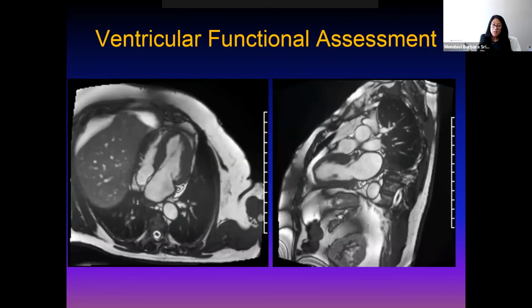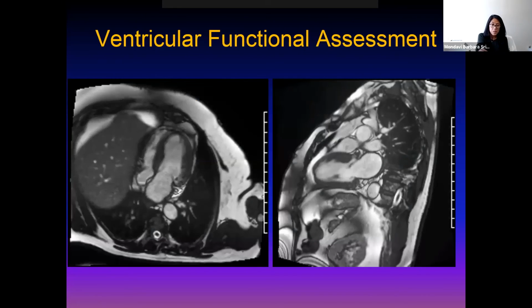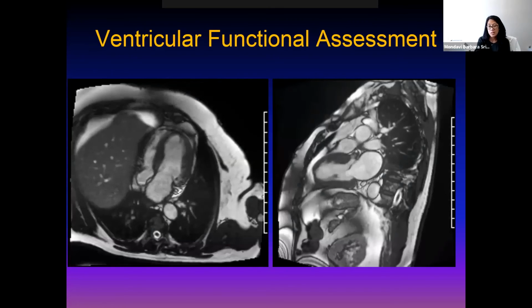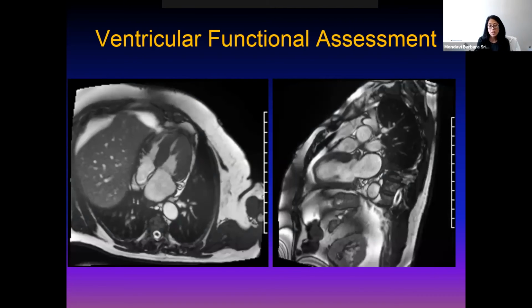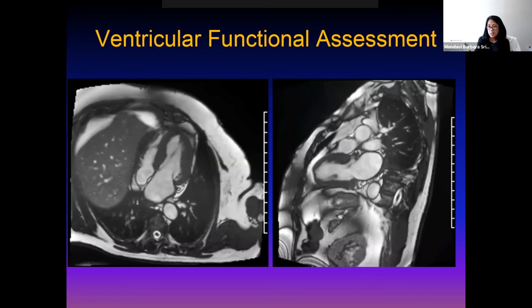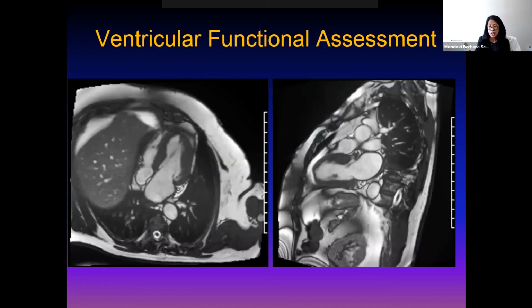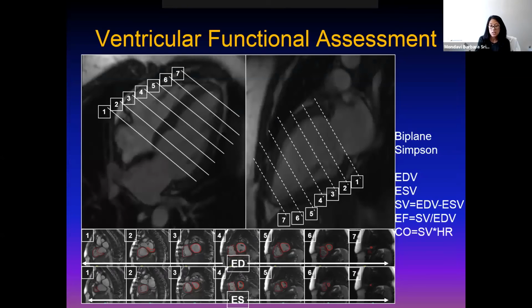Most commonly in our ventricular functional assessments, so in patients who have non-diagnostic echoes or where the image quality can be limited, as long as they can fit in the scanner, we can usually get adequate image quality with a cardiac MR and calculate volumetrically ejection fraction and ventricular volumes.